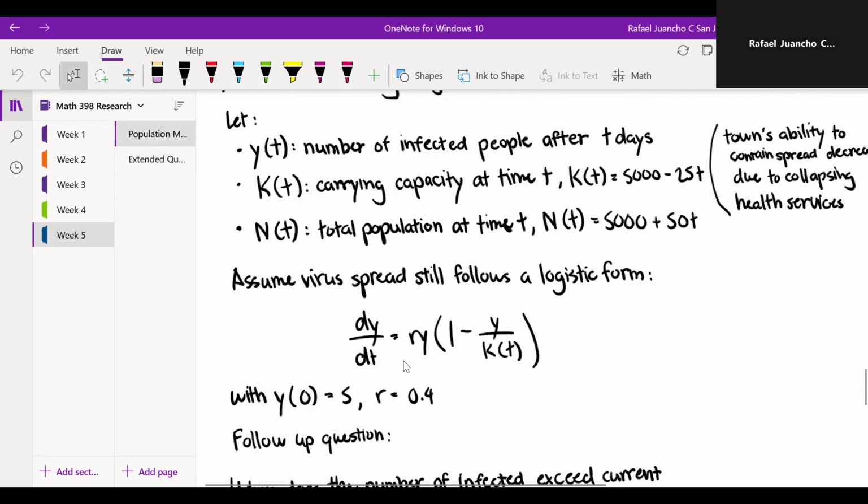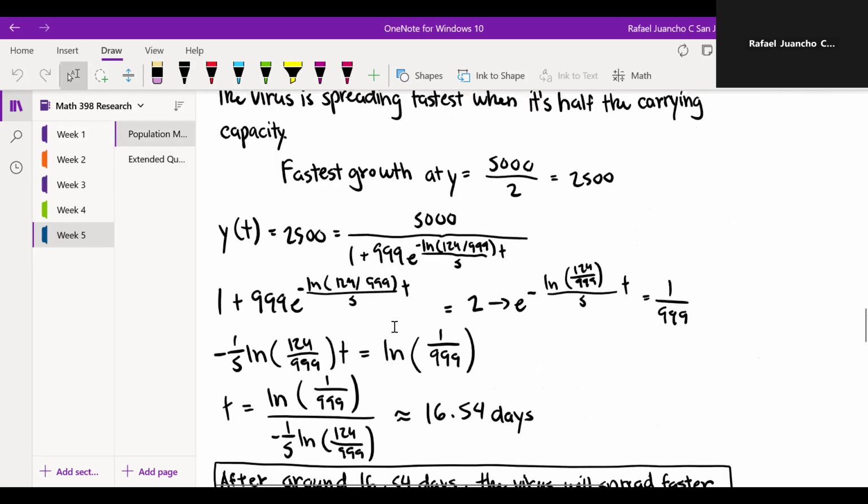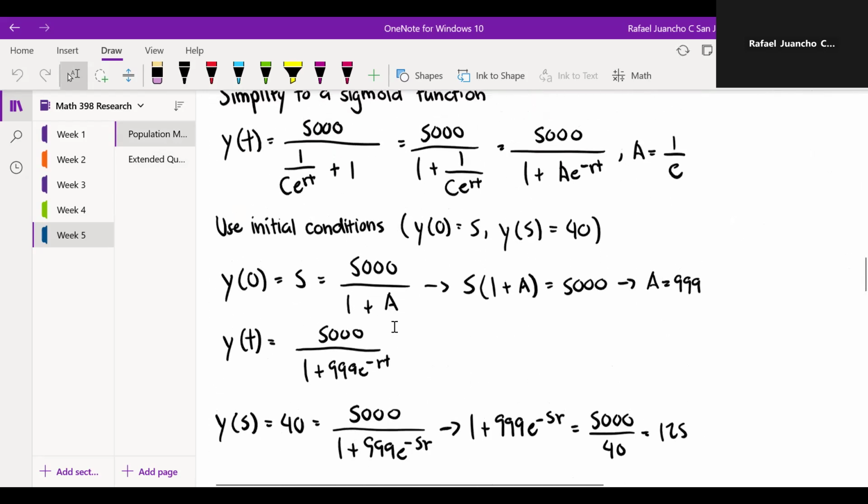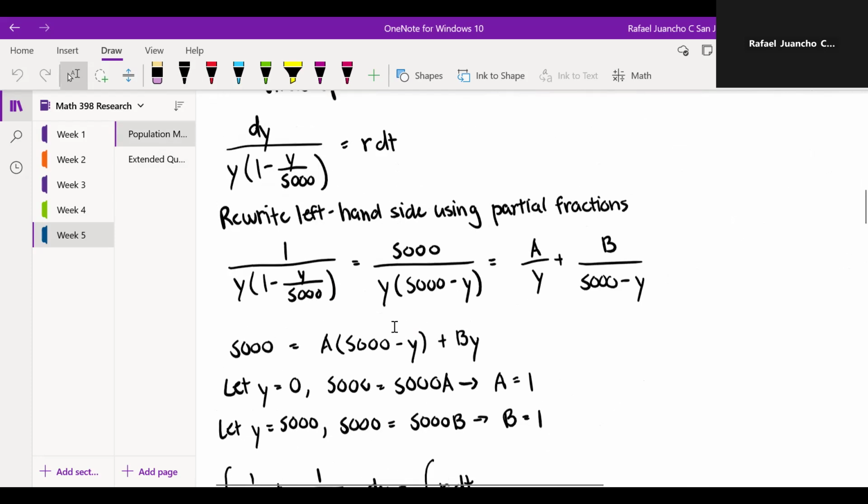So in the initial model, it was supposed to be that the carrying capacity is constant.